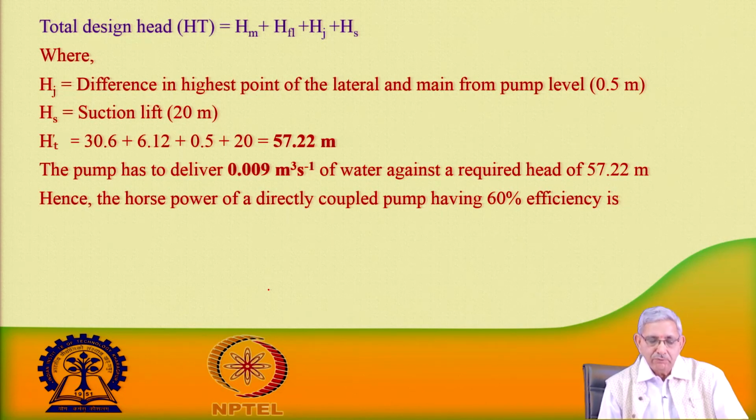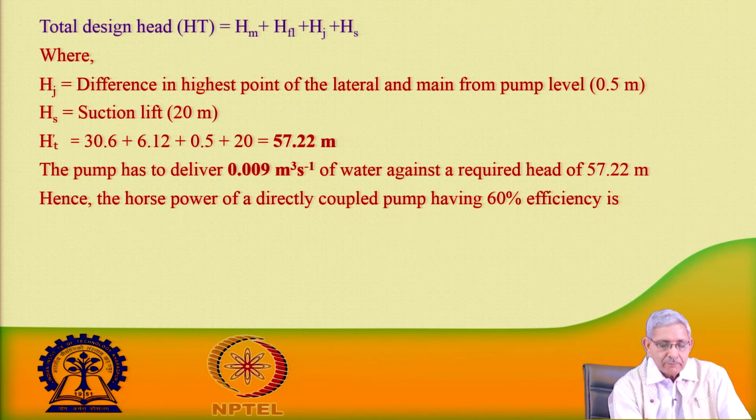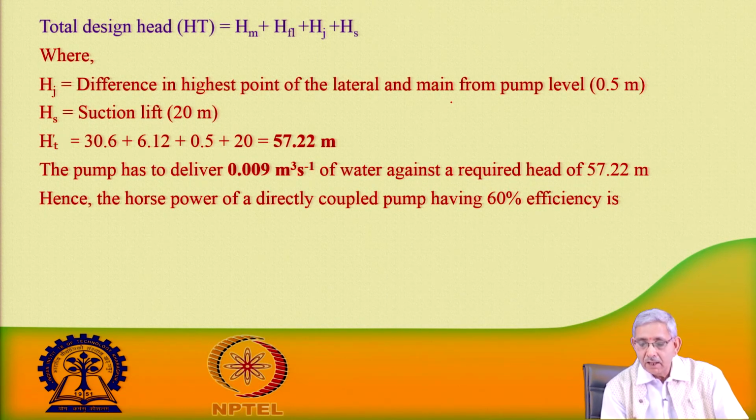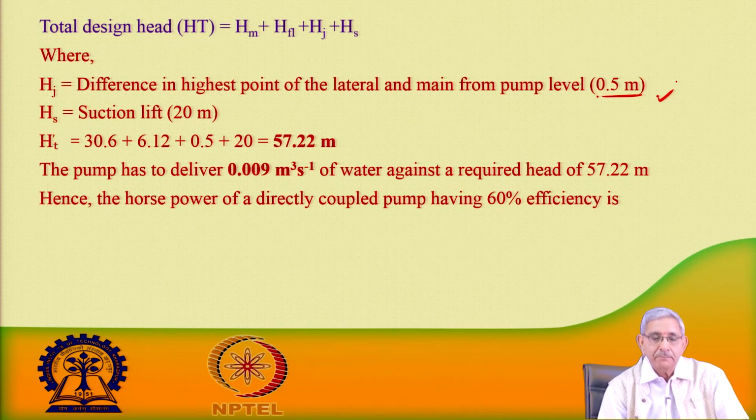Now, the total design head we will work out in the same manner. The total design head Ht equals Hm plus Hfl plus Hj plus Hs. What is Hj? That is the difference in height between the highest point of the lateral and main, from the pump, which is 0.5 meter. This information is already available in the question.